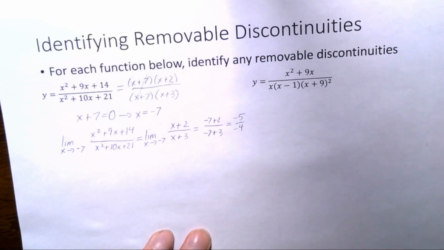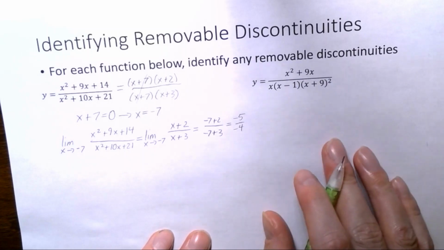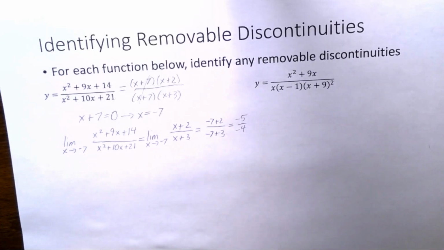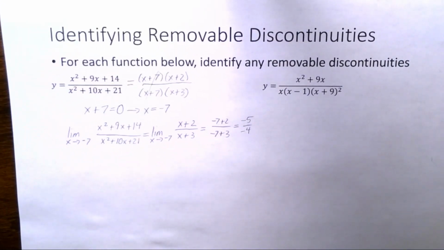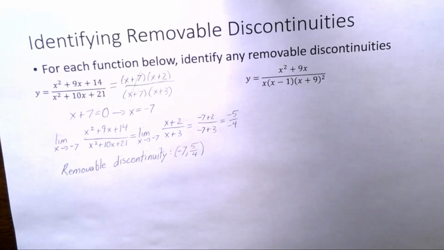First of all, that is not infinity, so this is indeed a removable discontinuity. It also tells us the exact coordinate of it. In this case, our removable discontinuity is at negative 7 and then 5 over 4. Note also that a negative divided by a negative is a positive, so we don't need to write the negatives on the answer.